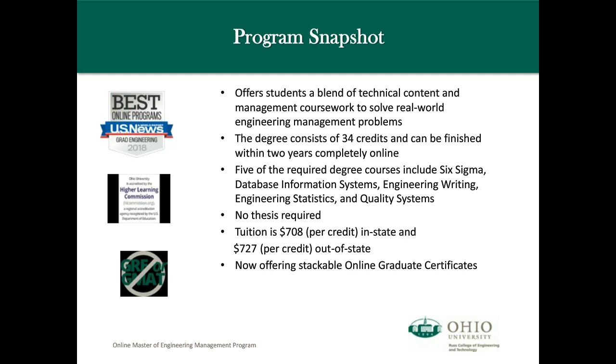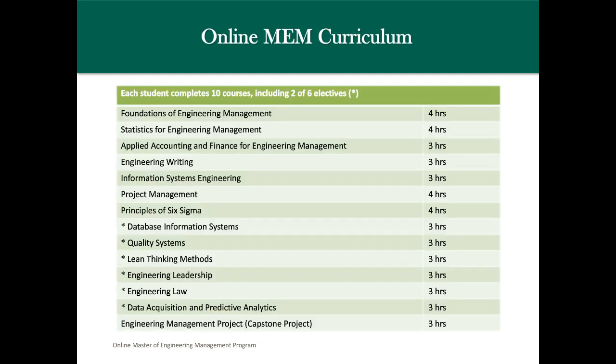All right, so some of you may have been wondering, well, what do you provide? Here's as decent a snapshot as any of the topics. We require 8 required courses, and then currently students select 2 courses from 6 electives. We typically start out with Foundations of Engineering Management, followed by Statistics.